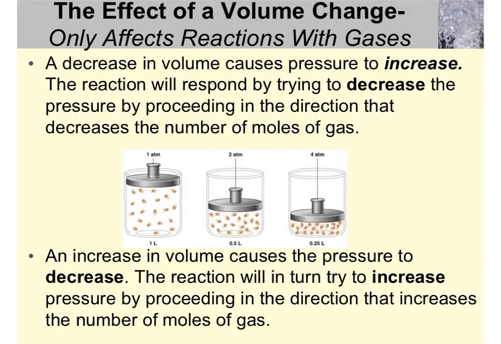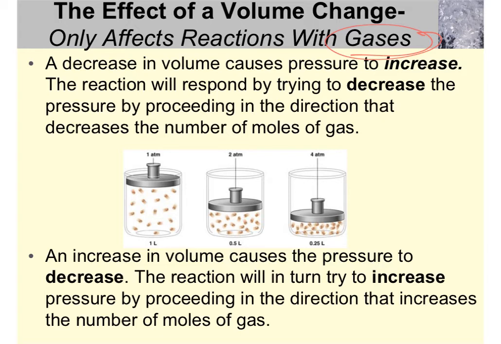Okie doke. So determining the effect of a volume change is a little bit more involved. You're probably going to need a few more brain cells to follow me on this. Now, a volume change is only going to affect reactions that have a gas. It's not going to have any effect if you just have liquids, solids, and aqueous stuff.